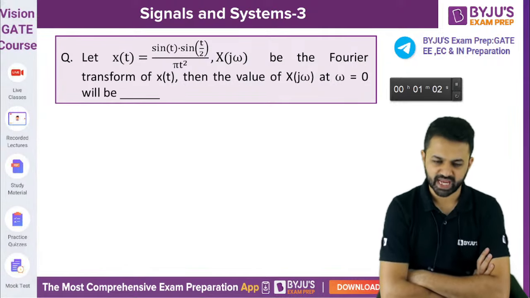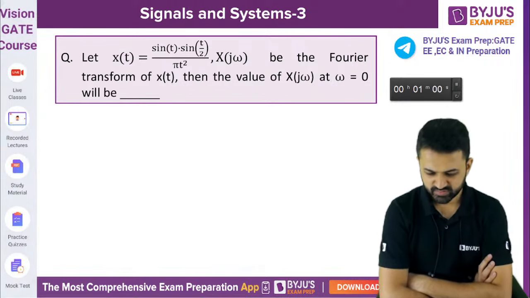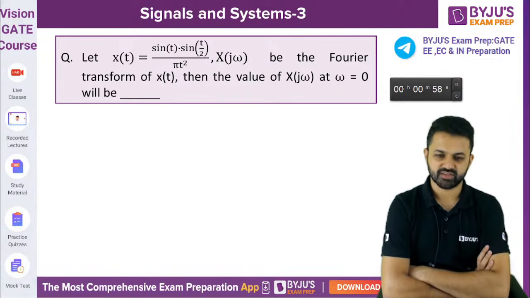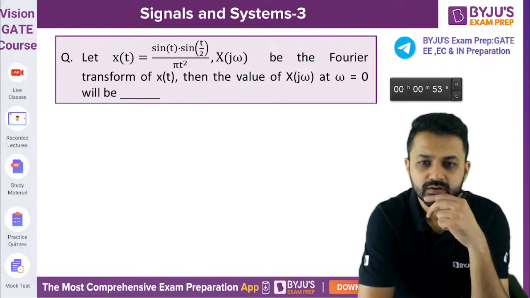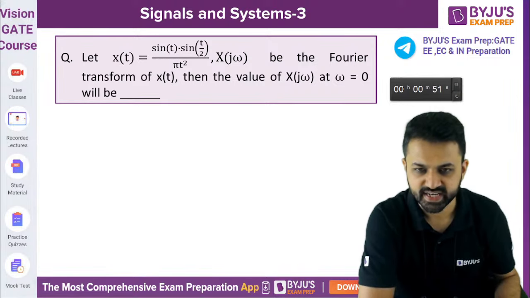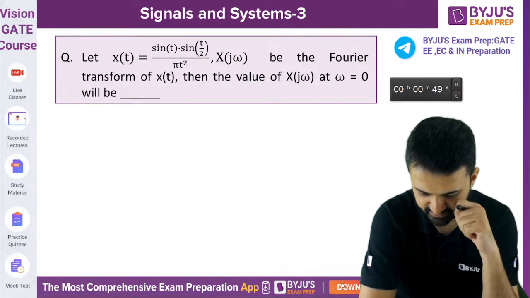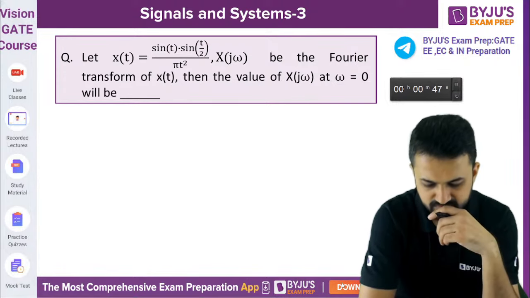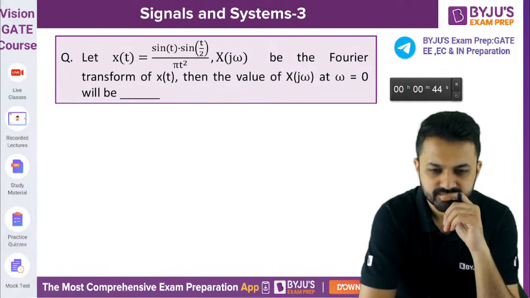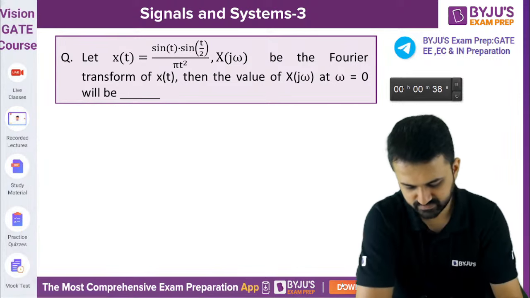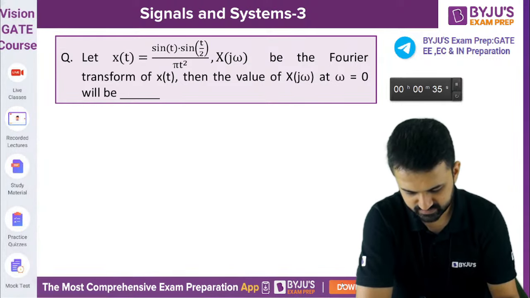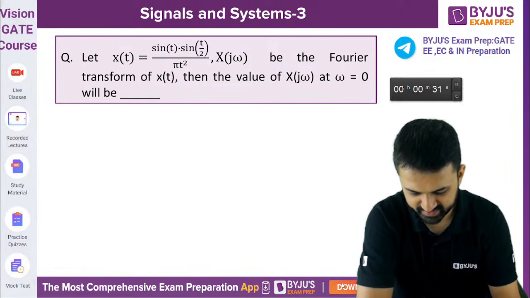Option A is 1. Let's see whether it is correct or not. 53 seconds left. Now the second option is pi.